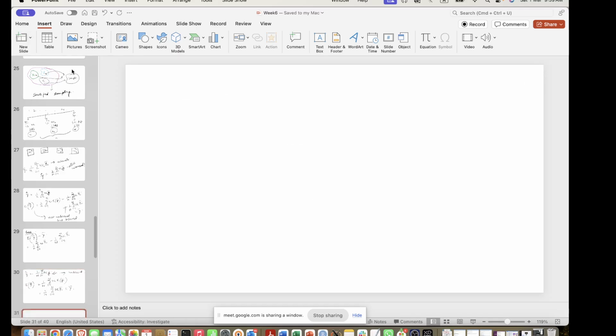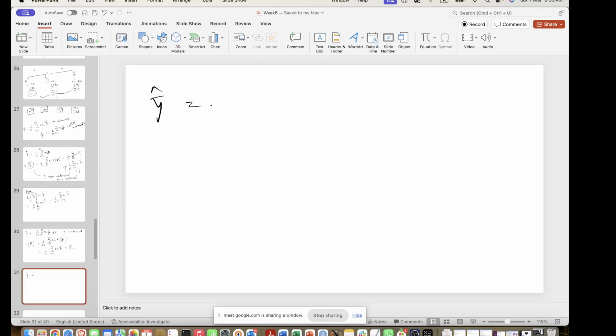What happens if we change the estimate to 1 by n summation i equal to 1 to small n of small ni yi bar?